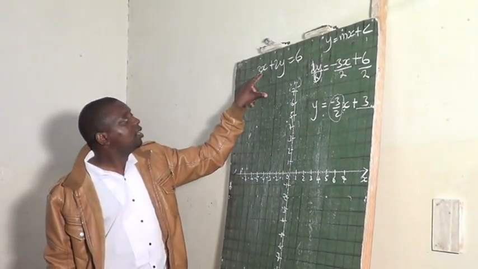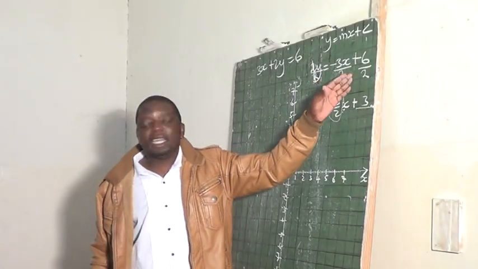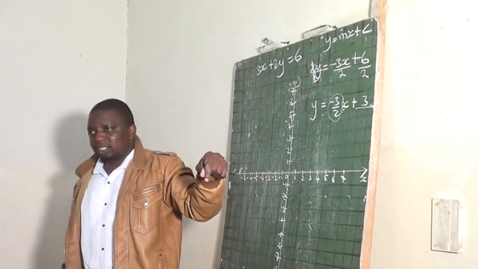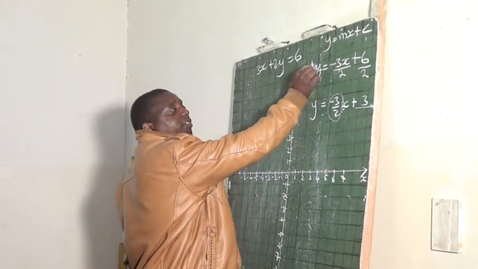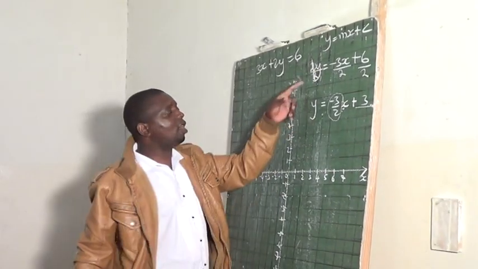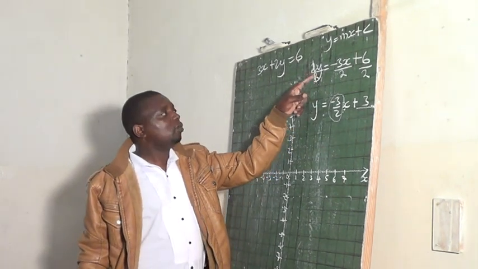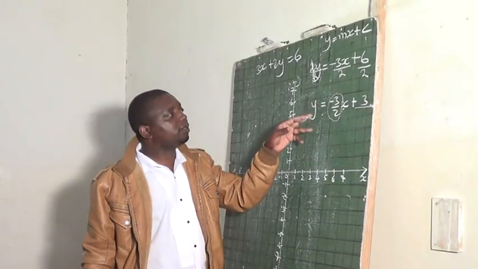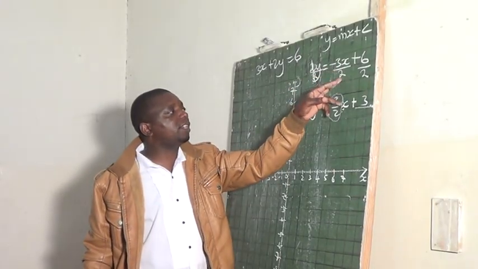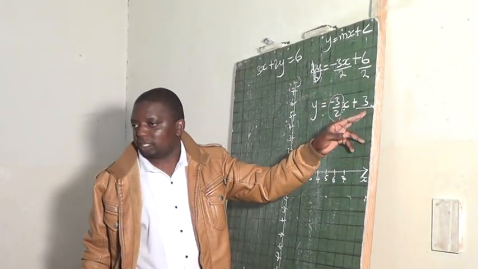So when you take 3x to the other side of the equal sign, it will become minus 3x. Then we divide throughout by the coefficient of y, such that y will be left alone. We divide throughout by 2, such that 2 and 2 cancel off. We are left with y is equal to minus 3x over 2 plus what? Plus 3.